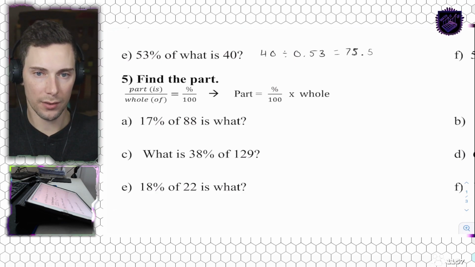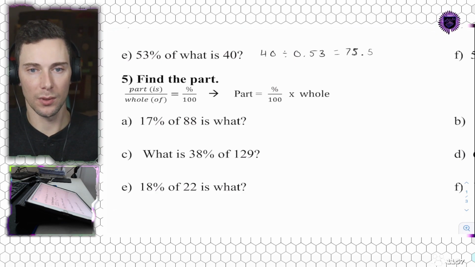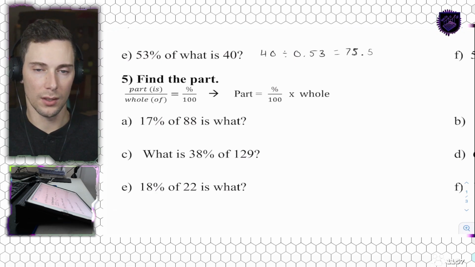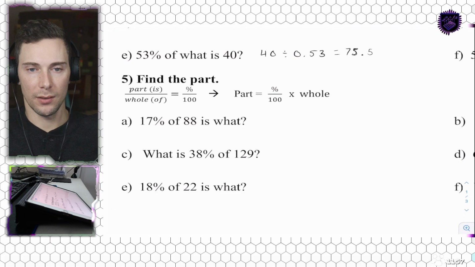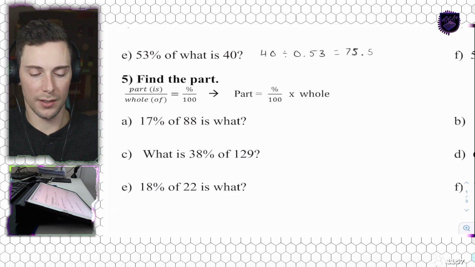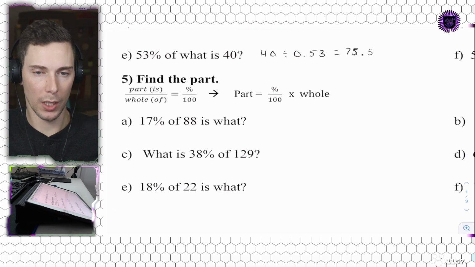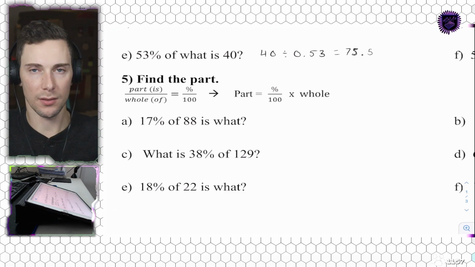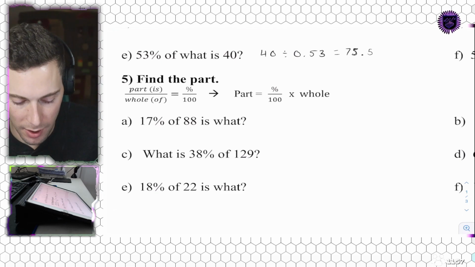The part is going to be equal to the percentage times the whole. The percentage is going to be written as a decimal. So 17% is going to be 0.17.